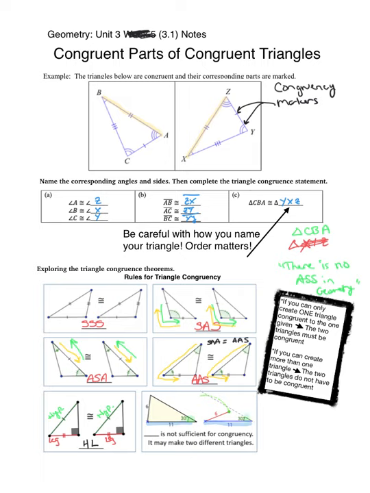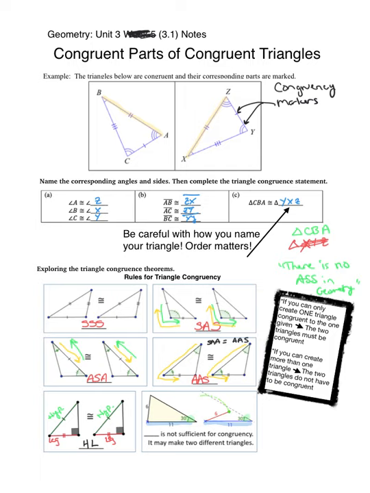But if you're trying to make a connection, we don't know the measure of the third side. You cannot say a triangle is congruent to another one with only two pieces of congruency information. You must have three pieces.